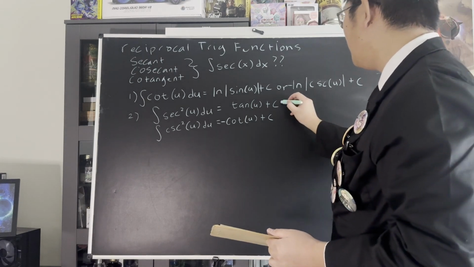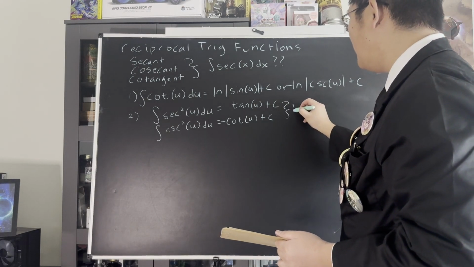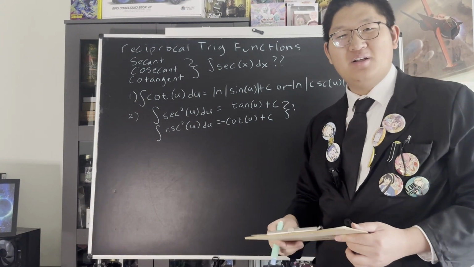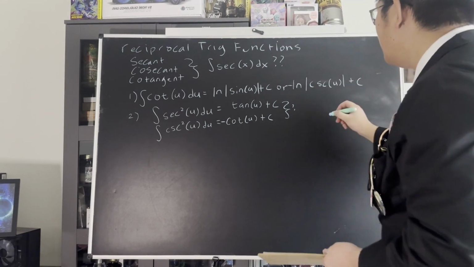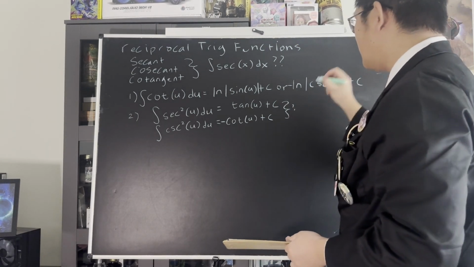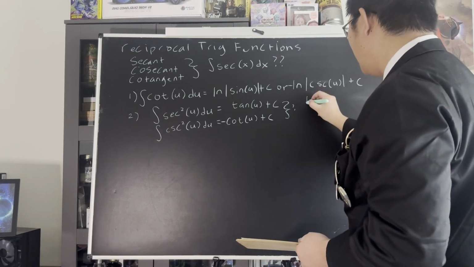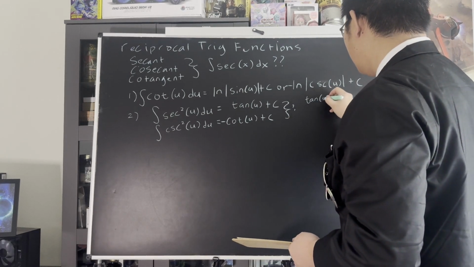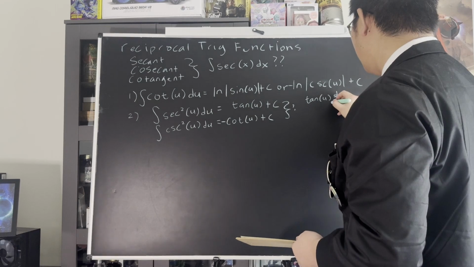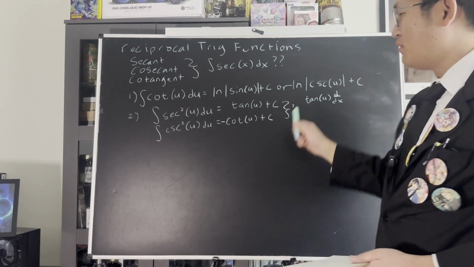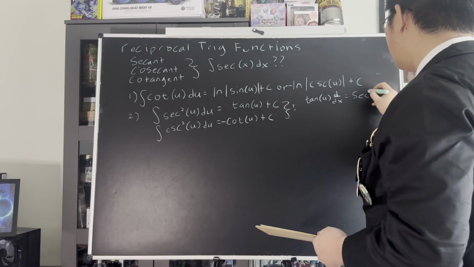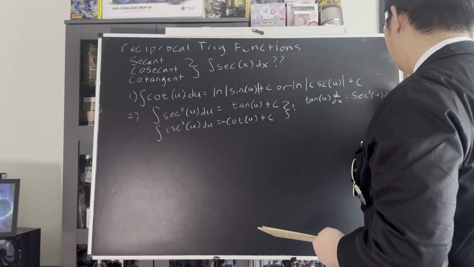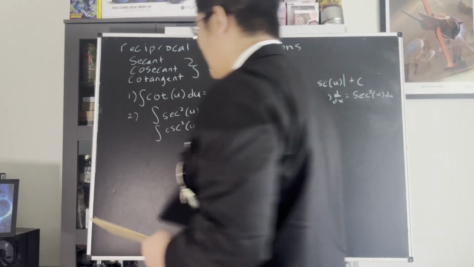Now, how in the world do we get these though? Where did these come from? From these derivatives, of course. The basic rule is that by taking the derivative of tangent, we go one step backwards instead. That's how I get secant squared of u right there on that side.